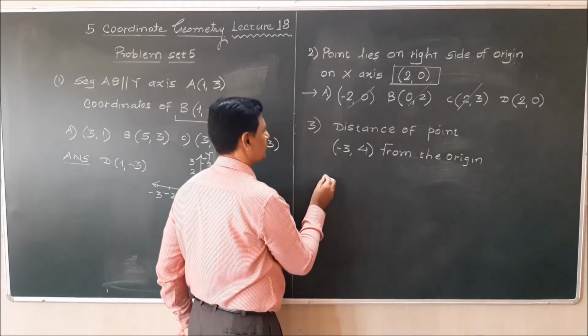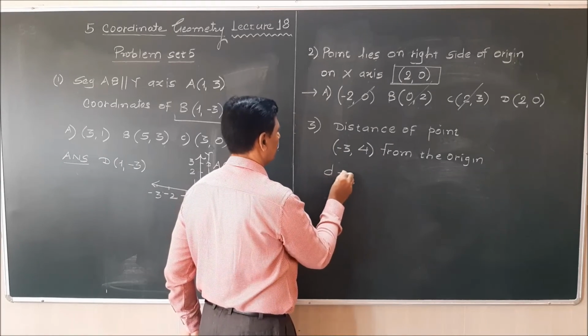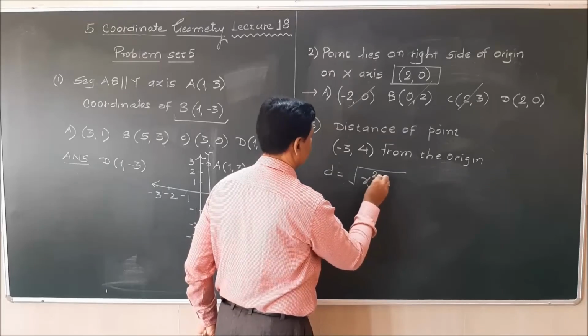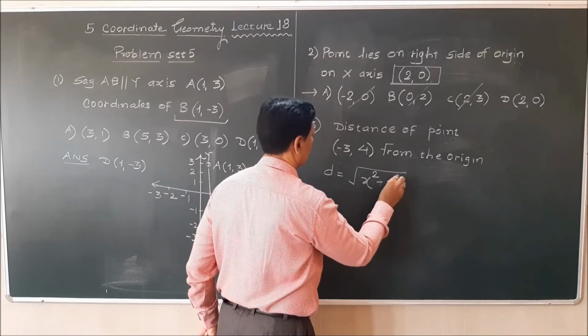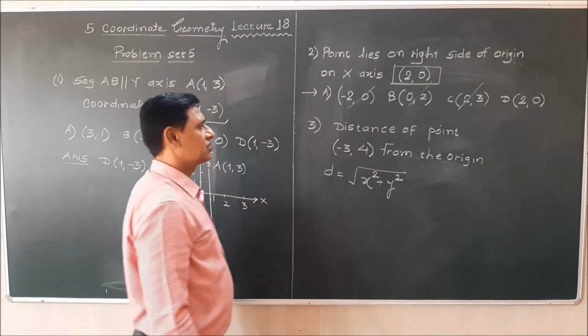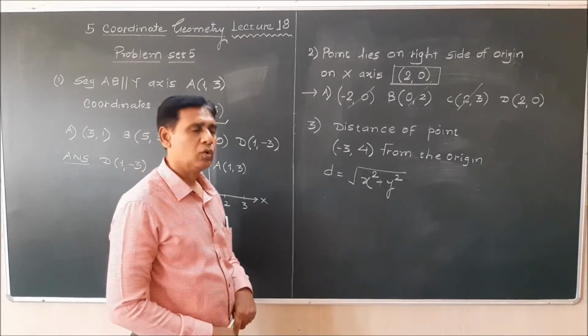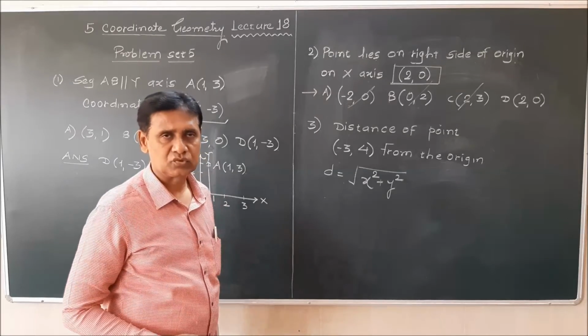Dear students, the distance of any point from the origin is always the root of x squared plus y squared.